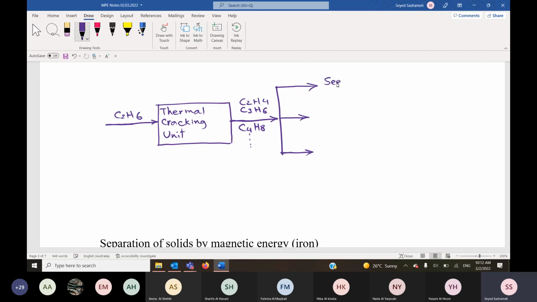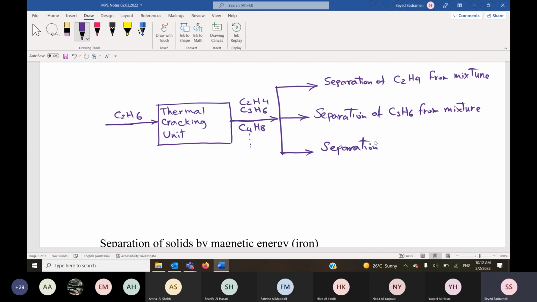So separation of C2H4 from the mixture, separation of C3H6 from the mixture, and separation of C4H8, and all of these are distillation columns.